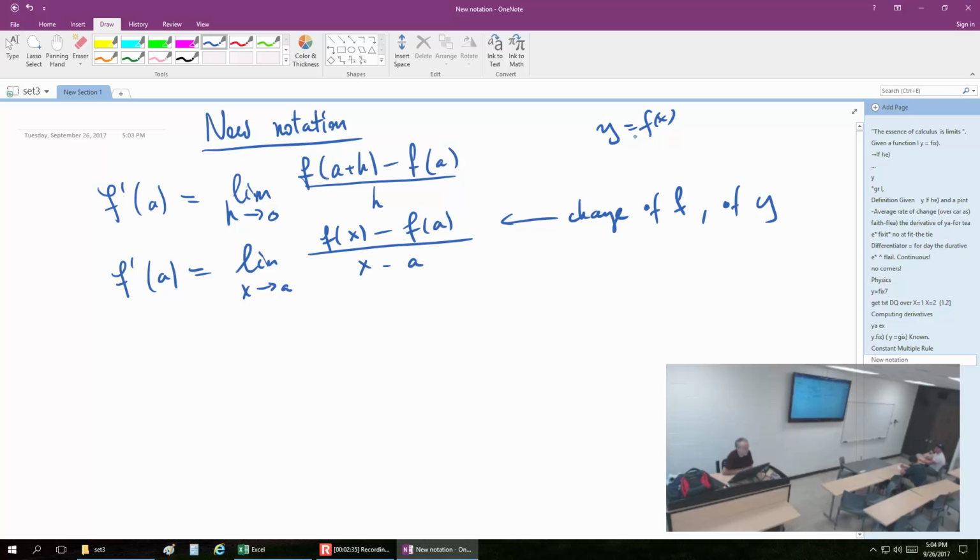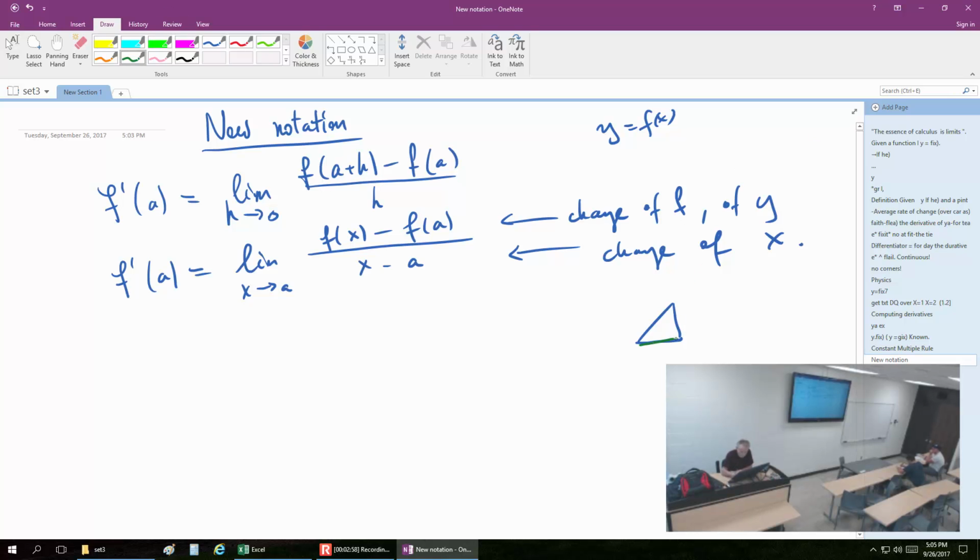So if we're talking about change, then there are two variables, x and y, and the change of x in the denominator, and the change of y in the numerator. So that is literally what is going on, which means that we are talking about the slope.